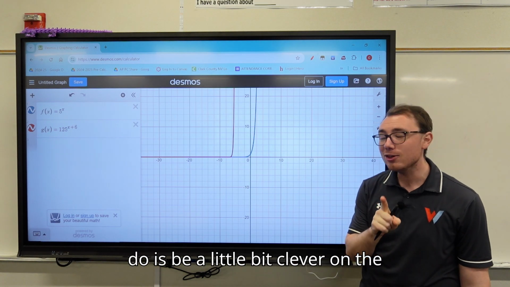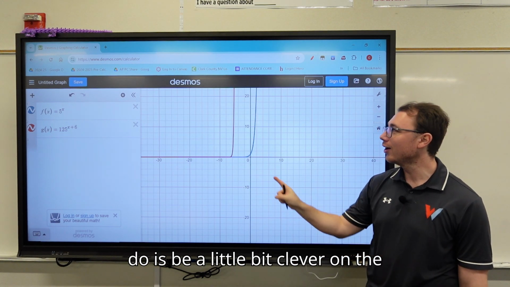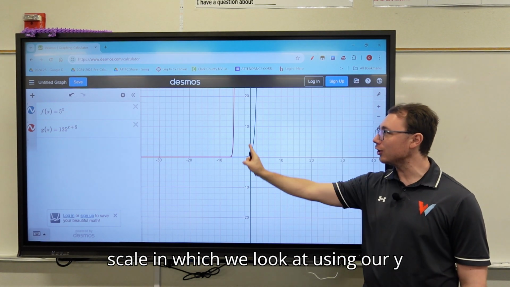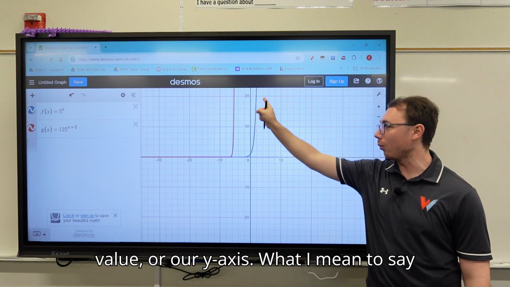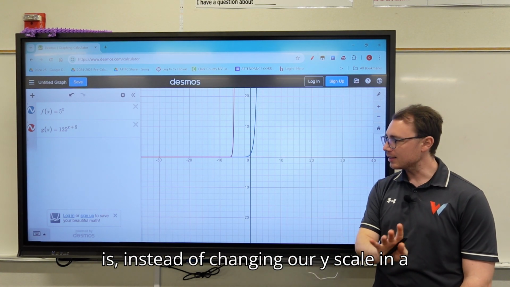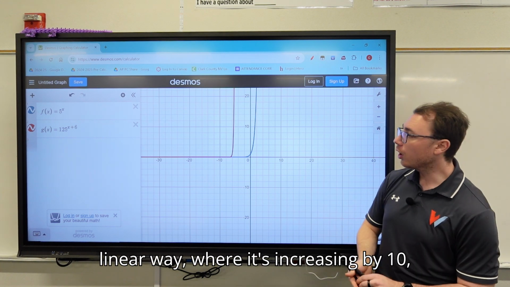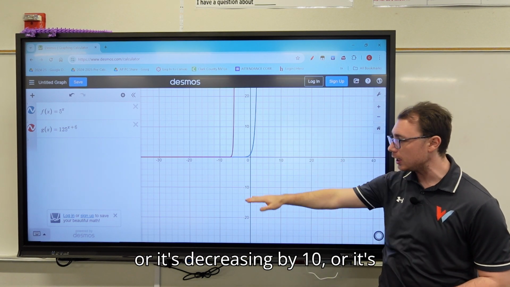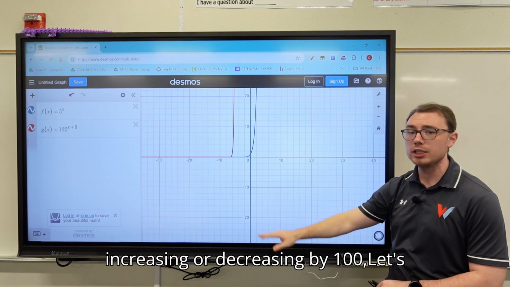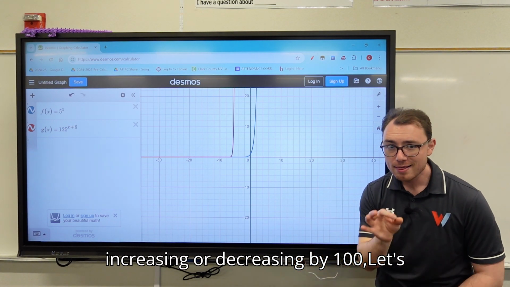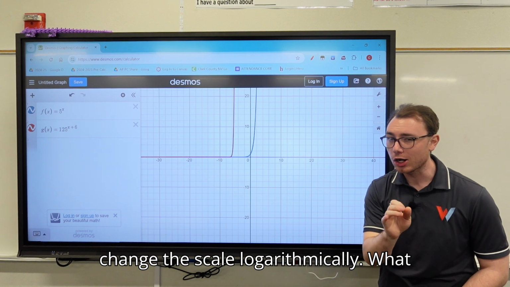But what we can do is be a little bit clever on the scale we use for our y-axis. Instead of changing our y scale in a linear way, increasing or decreasing by 10 or by 100, let's change the scale logarithmically.